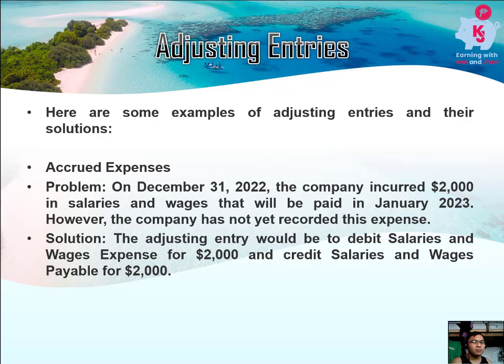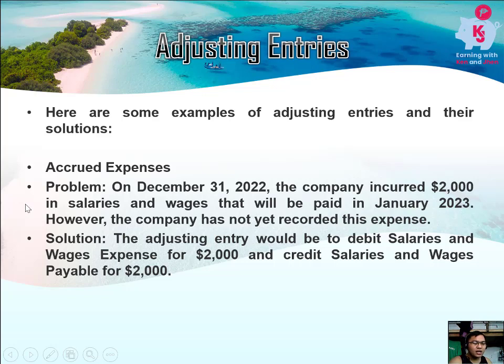Here are some examples of adjusting entries and their solution. Problem: on December 31, 2022, the company incurred 2,000 pesos, na lang natin po yung dollar, in salaries and wages that will be paid in January 2023. However, the company has not yet recorded this expense.